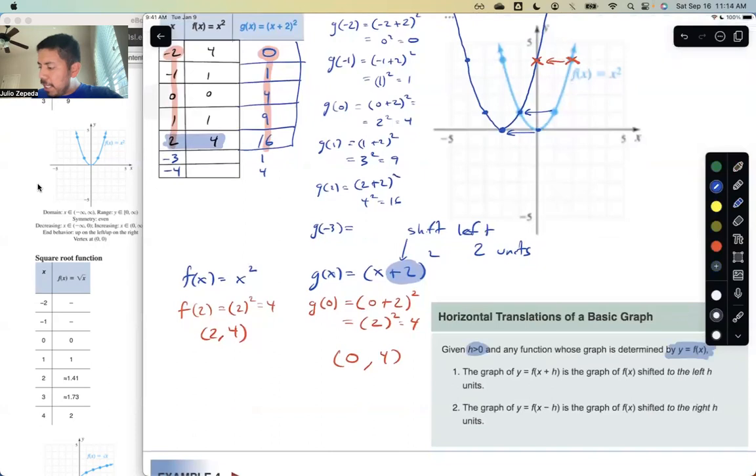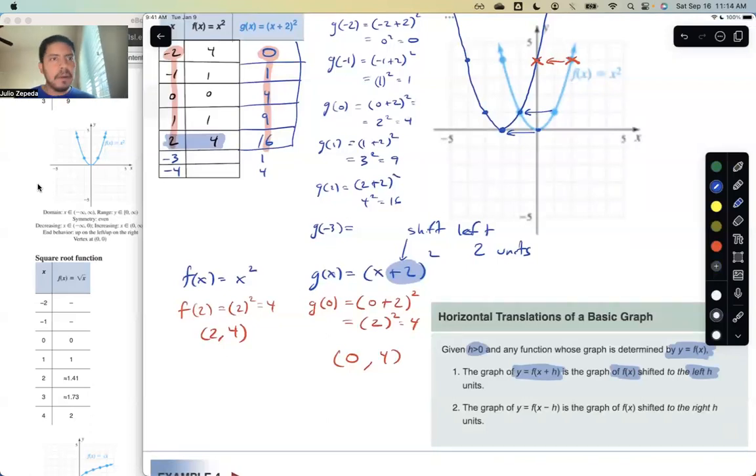The graph y equals f of x plus some value h inside of the function is going to be just the graph of f of x, but shifted to the left h units. Okay, and that's exactly what we saw here with the 2 unit shift to the left. All right.